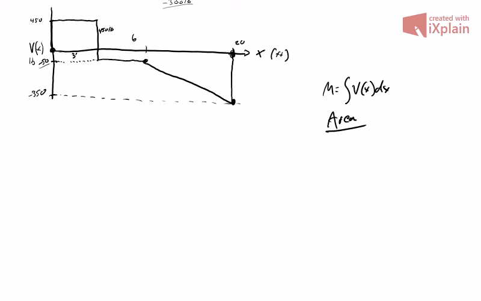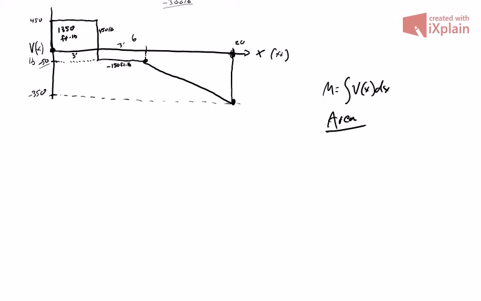Therefore, 3 times 450 gives us 1350 foot-pounds. Okay, so next up, we have another rectangle that's another 3 feet across and negative 50 pounds tall. Therefore, that's going to be negative 150 foot-pounds.